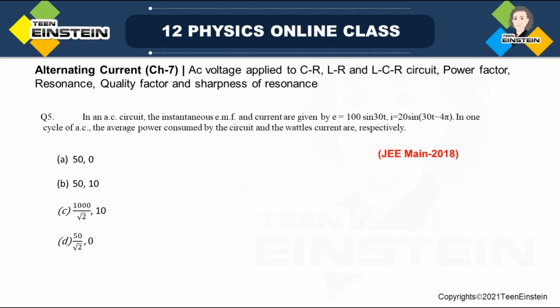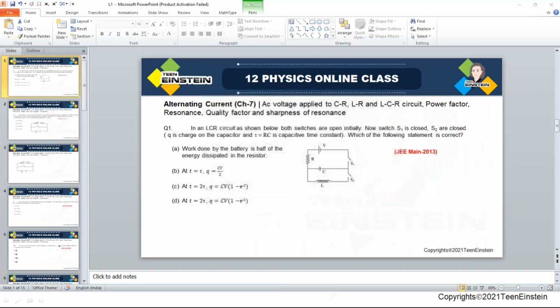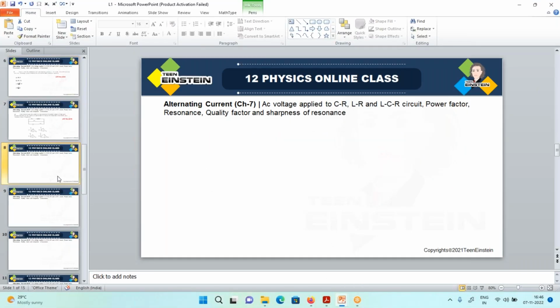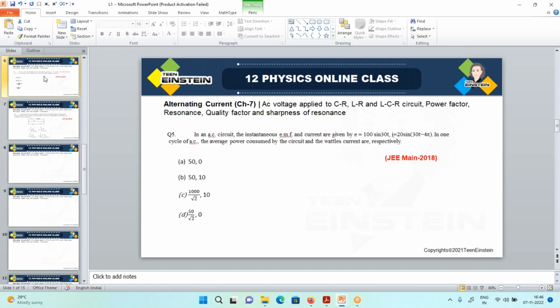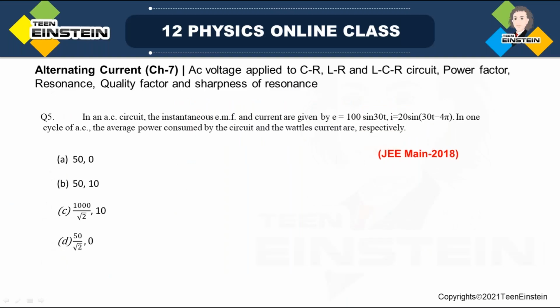This is a nice question over here. Let me just get on the page in between. Okay, if you can read, you can see in an AC circuit, the instantaneous EMF and currents are given.